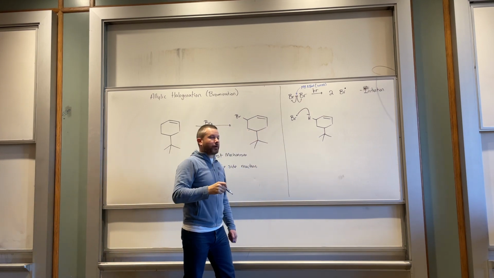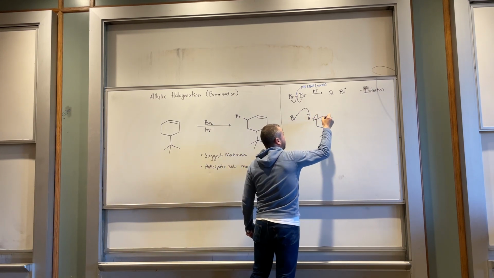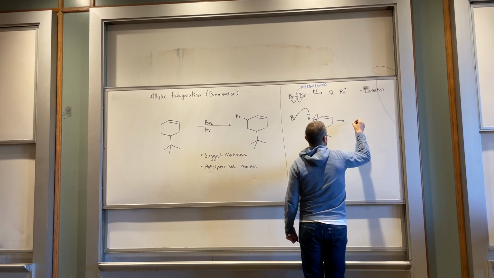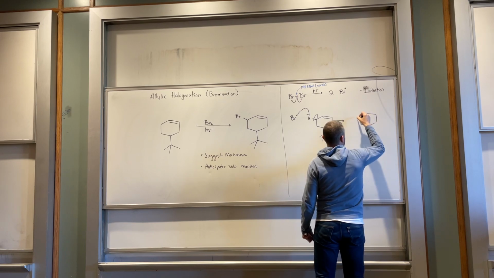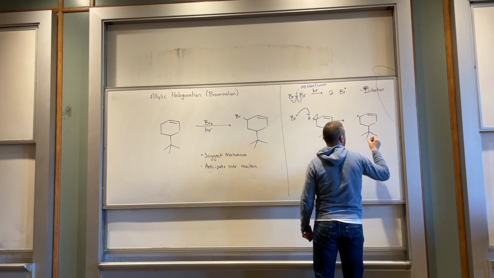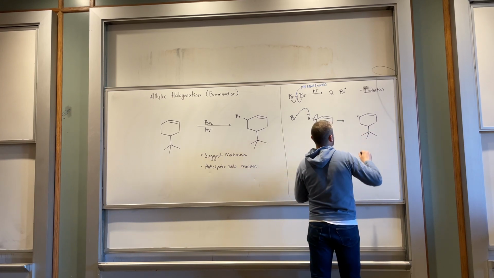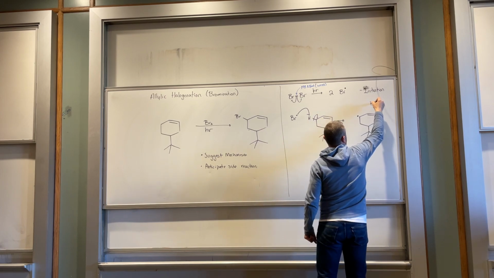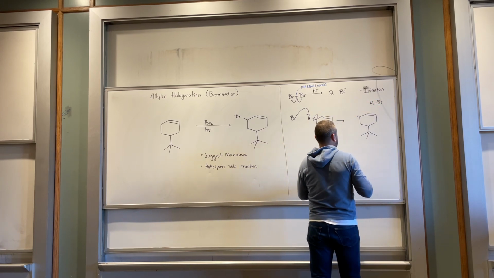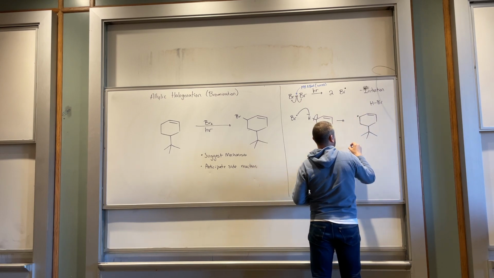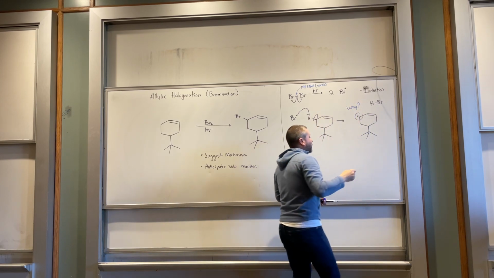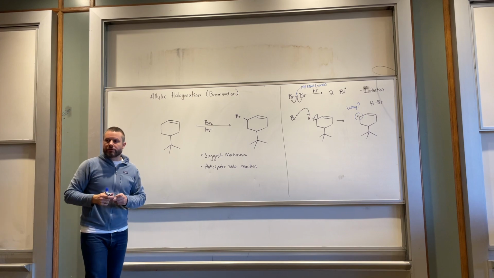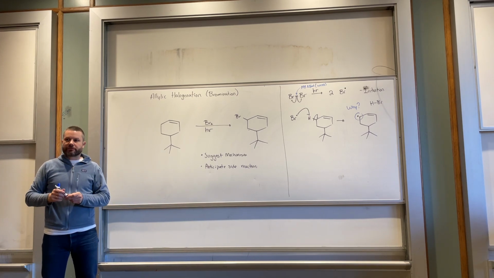So bromine's going to grab a hydrogen, and that's going to leave behind a carbon radical, and hydrogen bromide. Right? And if we look at where that radical is being formed, why does that radical form specifically in that position?